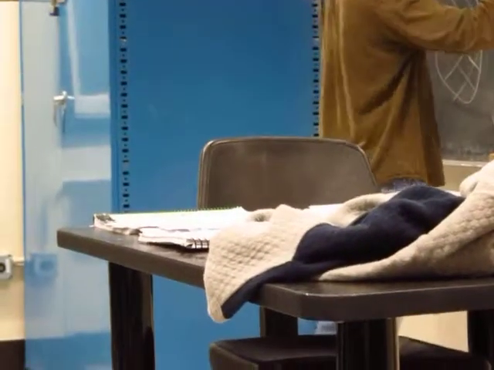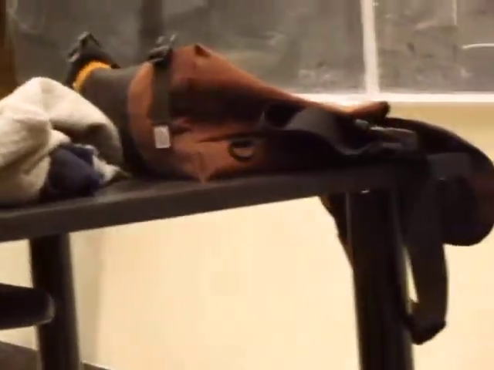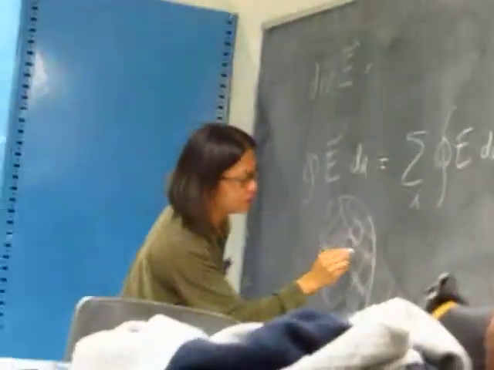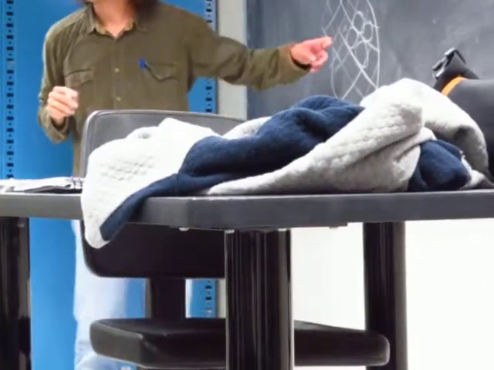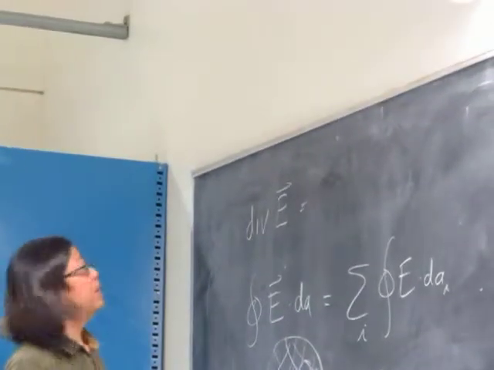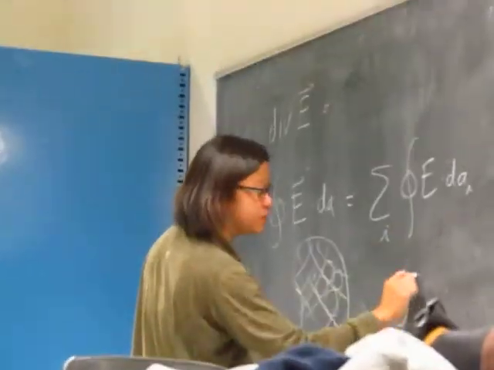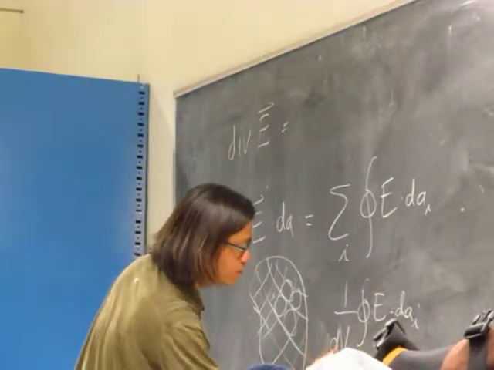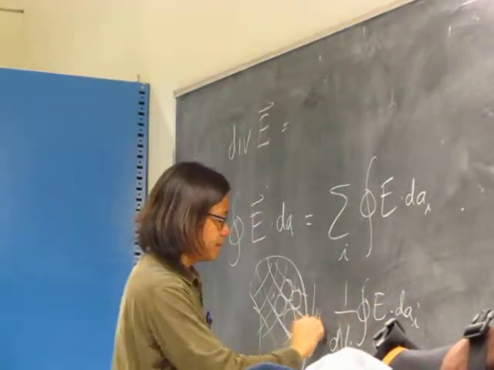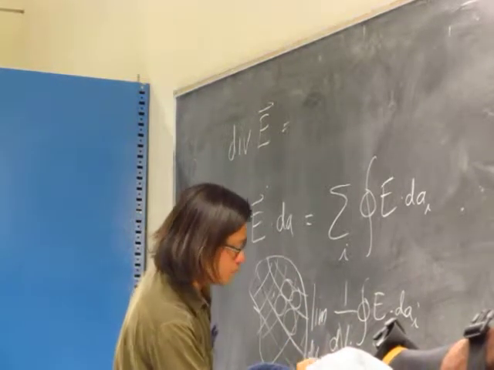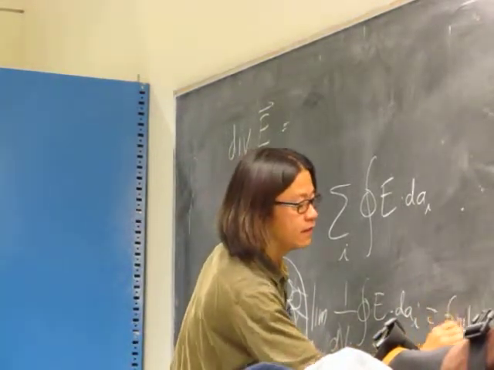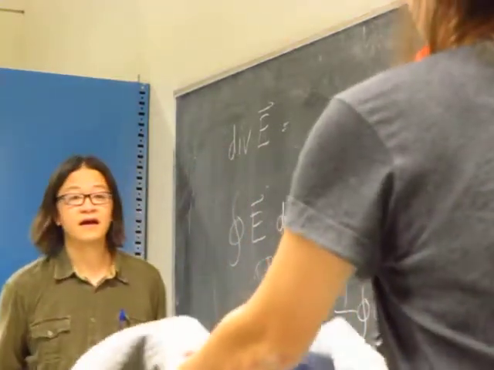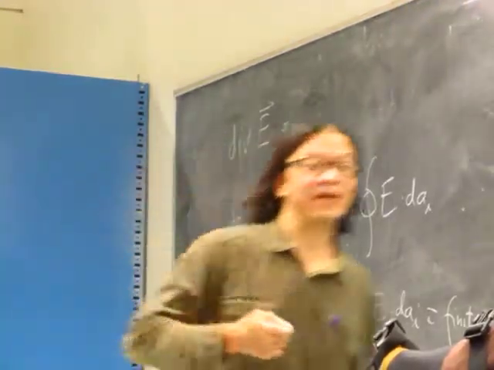I can partition my volume into many little differential volumes, right? So this is the sum over i of the integral of E dot dA over these differential surfaces. And I think I showed briefly that over the differential volume, this limit as the volume goes to zero is actually finite.